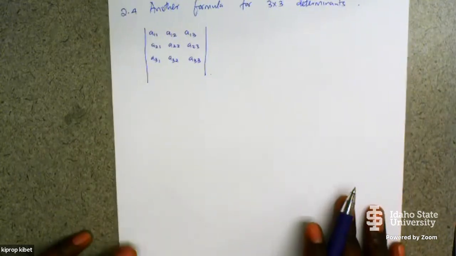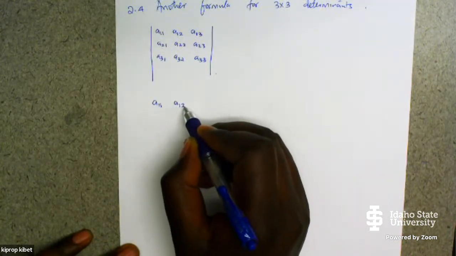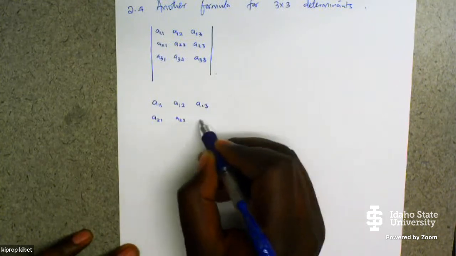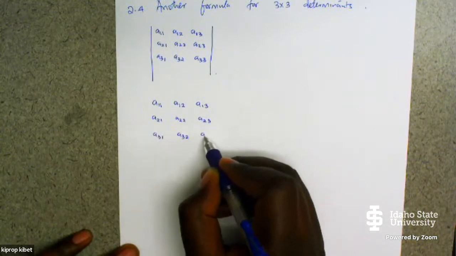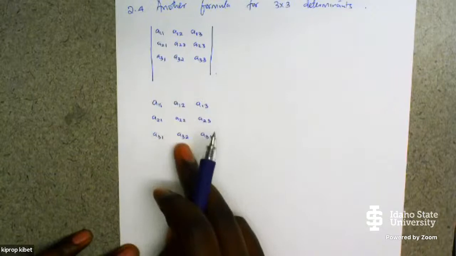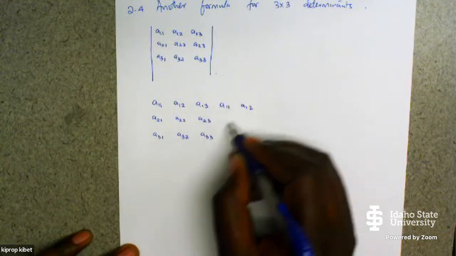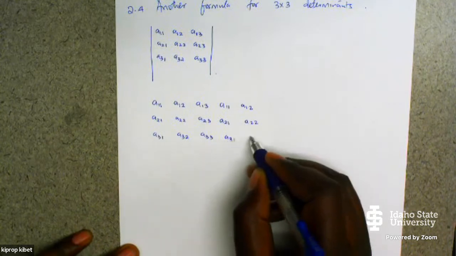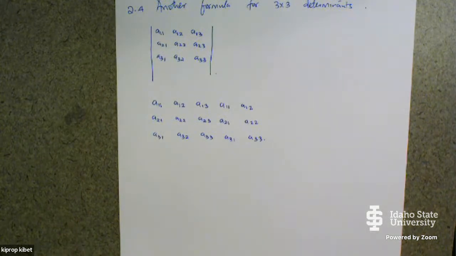Or what you do here is you take this matrix A11, A12, A13, A21, A22, A23, A31, A32, A33, and then you add the first two columns here, A11, A12, A21, A22, A31, A32.